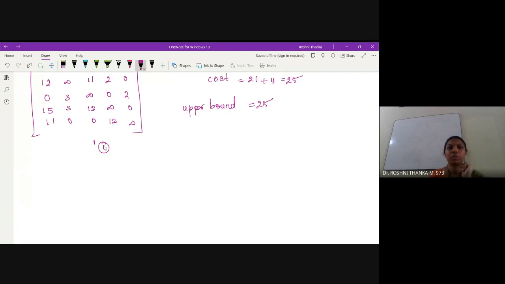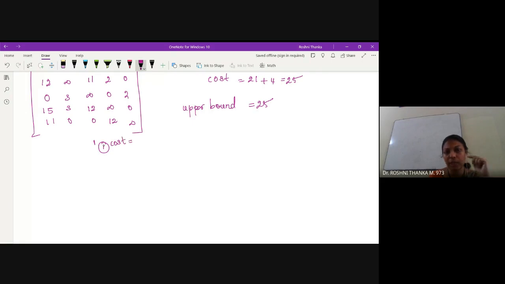Okay, so in the 0/1 knapsack problem, if you remember, for each and every node we found two values: the cost as well as the upper bound value. Here in branch and bound, we are going to calculate only one value, the cost, for every node.